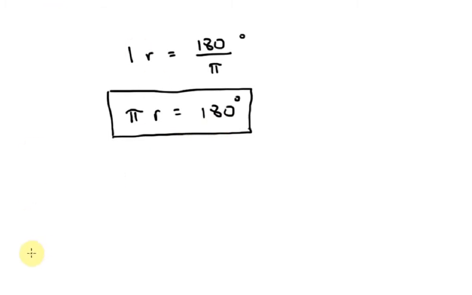So let me just do an example of that and show you this in action. Let's say somebody said, I really want to know what 300 degrees is in radian measure. Here's what you do.